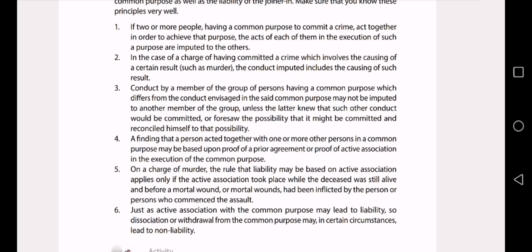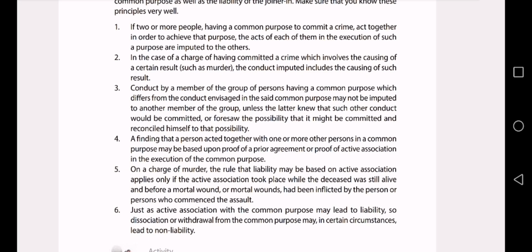A finding that a person acted together with one or more persons in a common purpose may be based upon proof of a prior arrangement or proof of active association in the execution of the common purpose.